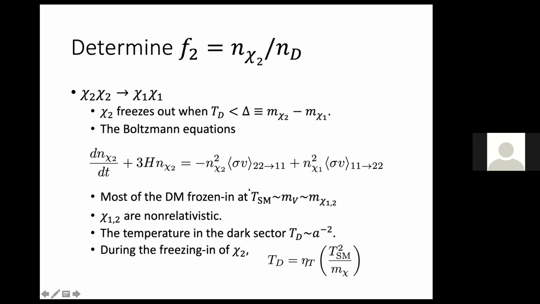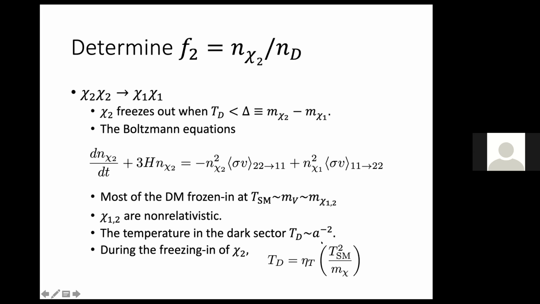That means when Chi1 and Chi2 are frozen in, they are actually non-relativistic, and because they are non-relativistic, the temperature in the dark sector scales as a to the minus 2, because it is matter-like.